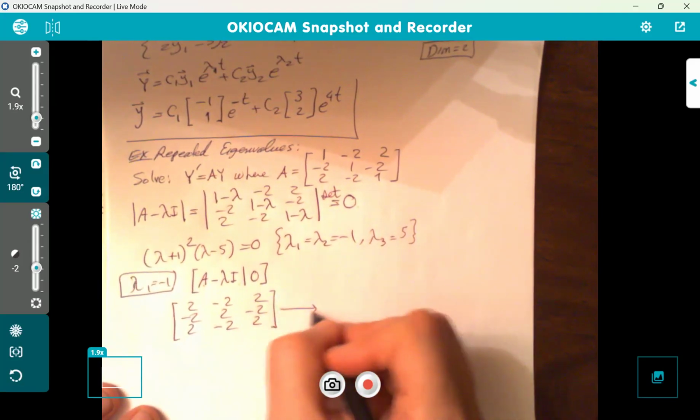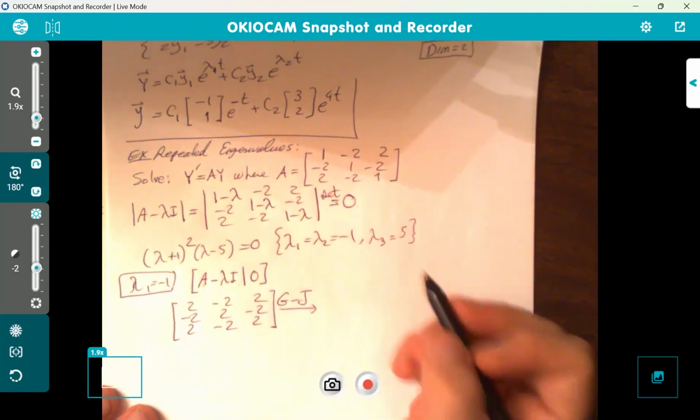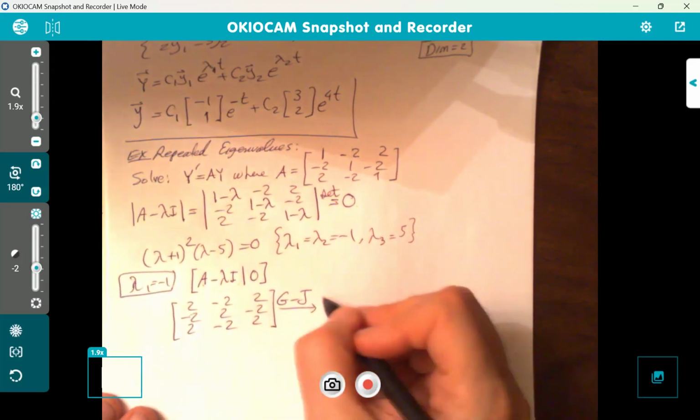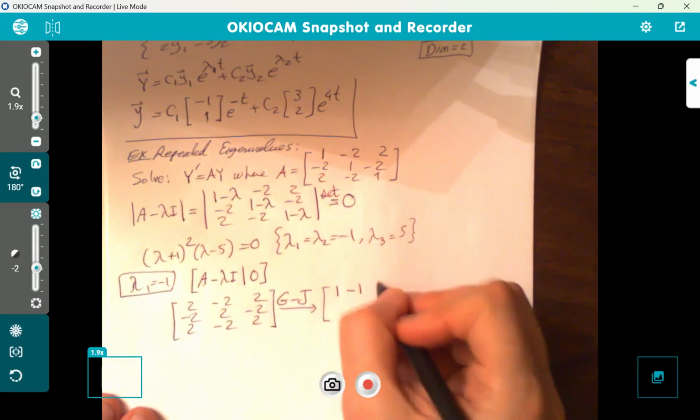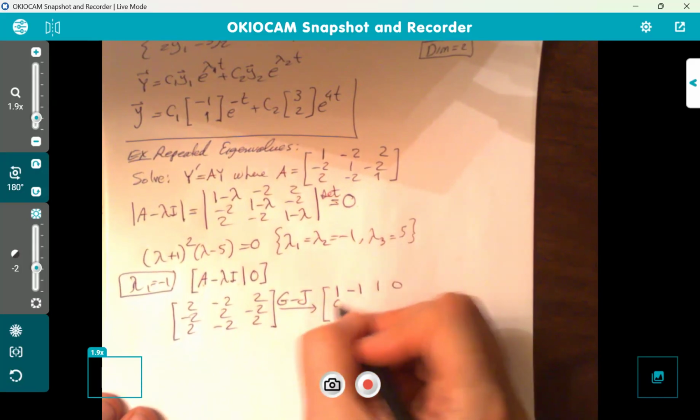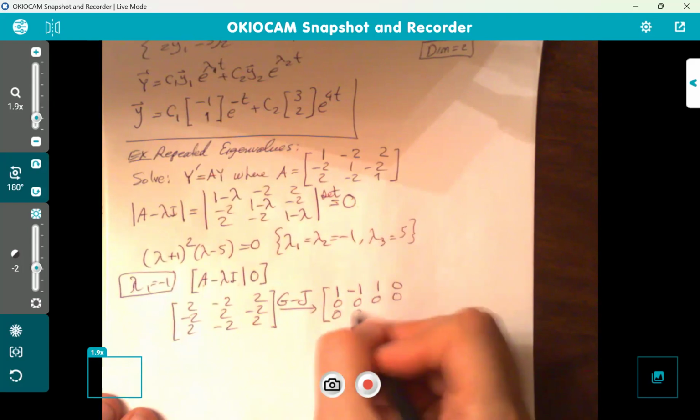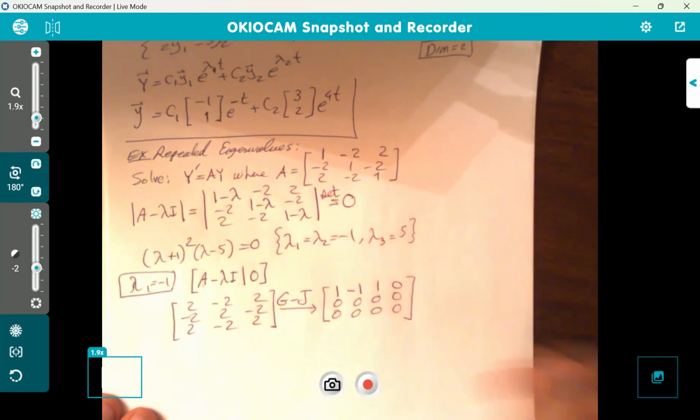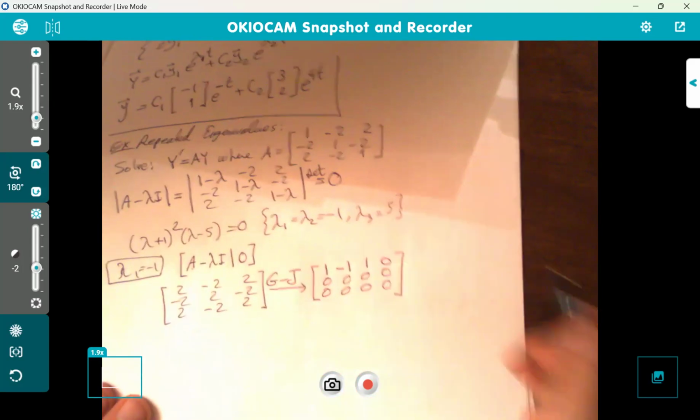And again, you do Gauss-Jordan on this. When you do Gauss-Jordan, the first row becomes 1, -1, 1, 0. And then we have 2 rows of zeros.